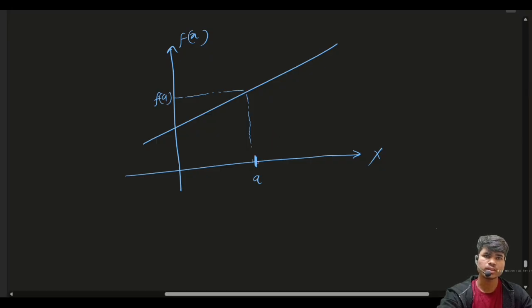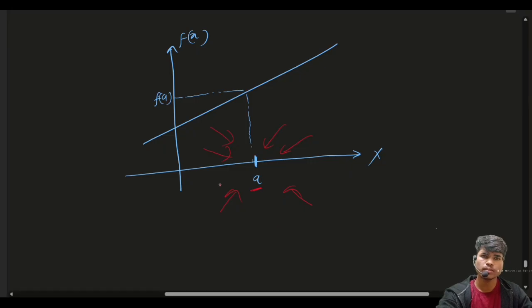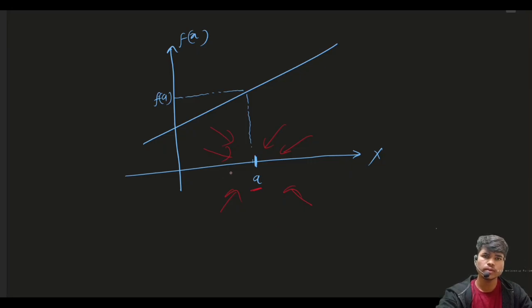There are many directions to approach this number, like this direction, this direction, and so on. But in 1D, we will approach this number from the left hand side and the right hand side. We are going continuously closer to this value, but we can never achieve this number.